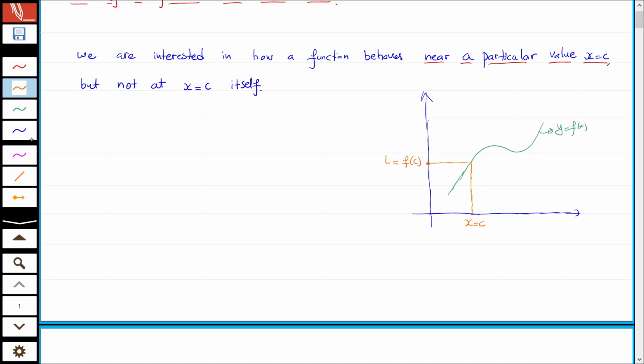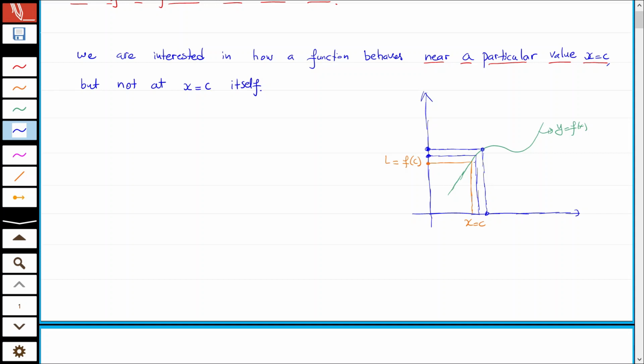Now suppose that I am standing at this point on the x-axis right now, close to c. Then my y value on the y-axis would be over here. I go further close to x equals c. I go here. That means my y value on the y-axis is getting closer to the orange dot.